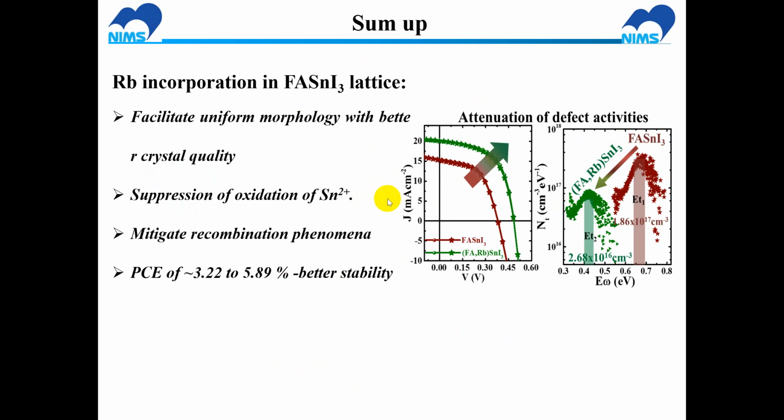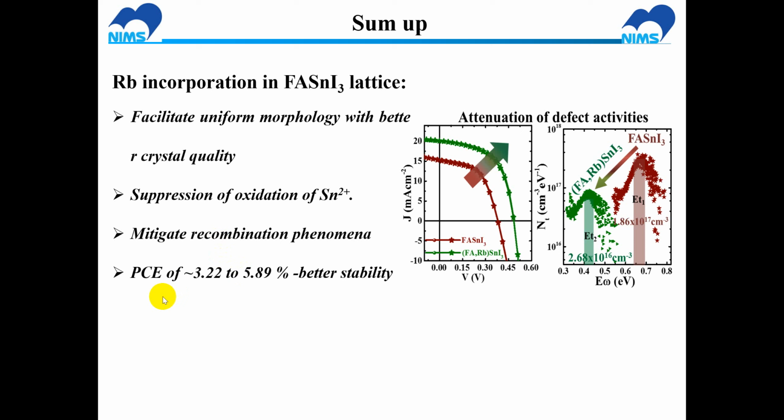This is the summary of my talk. From the rubidium incorporation approach, we can get uniform morphology and better crystallinity, and we also suppress the oxidation of Sn2+, and with the suppression of Sn2+ oxidation, there is also mitigation of recombination phenomena.